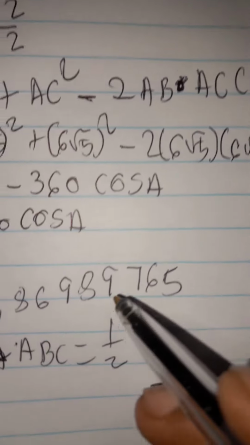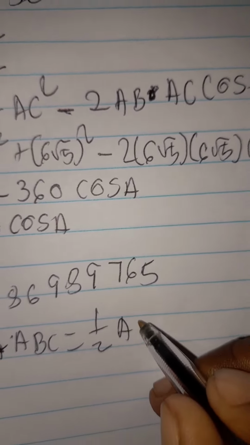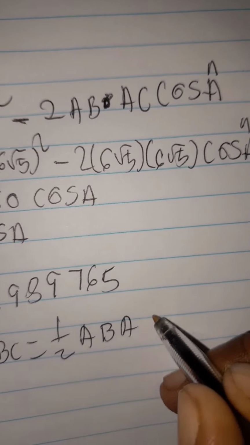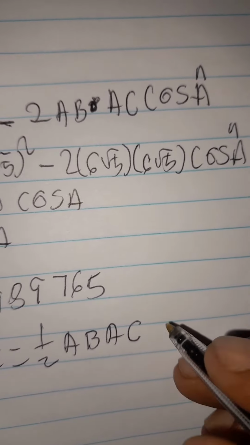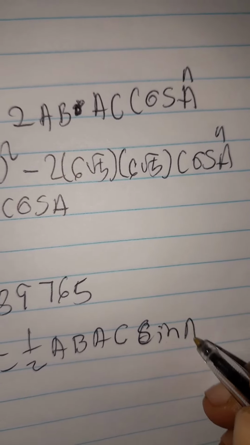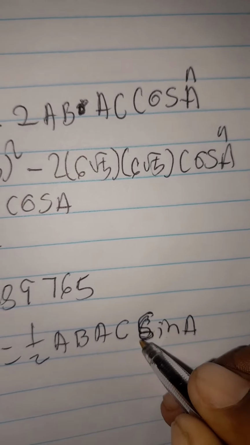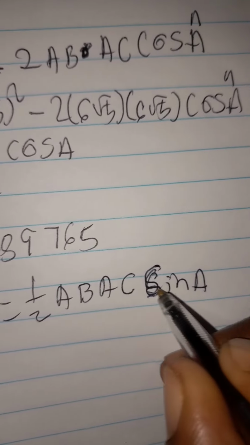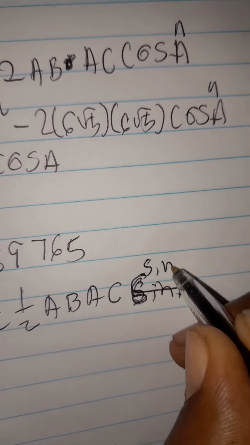So to use the sine area rule, this is what we are going to do. You're going to say half AB multiplied by AC, those are the two sides, multiplied by sine A. Don't say cos here. Sorry for that, this is sine A.